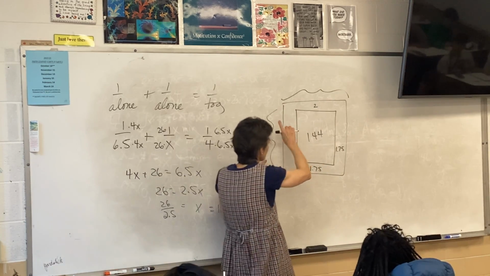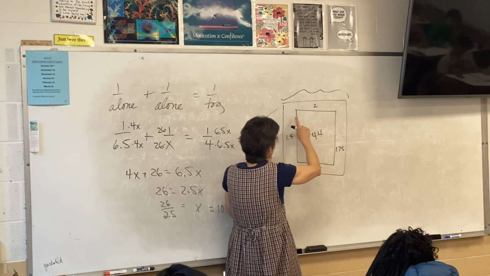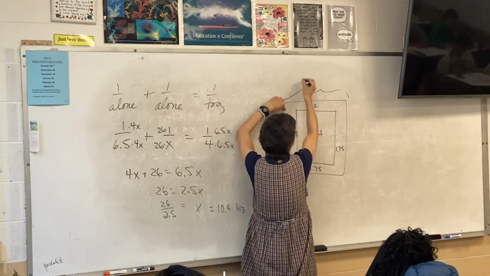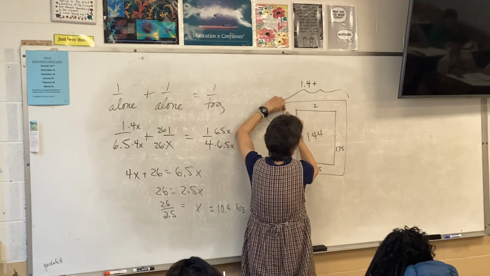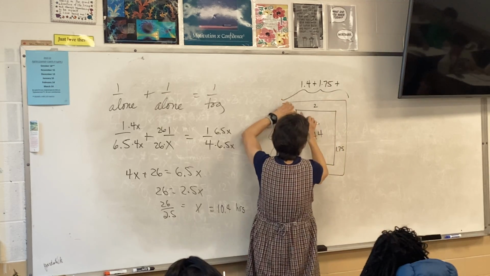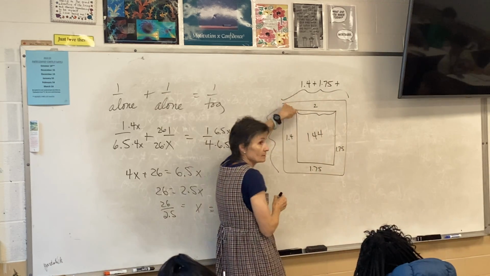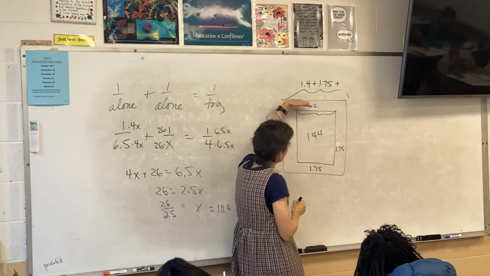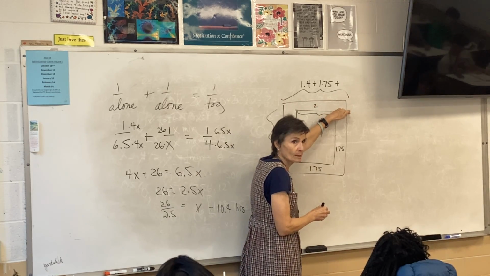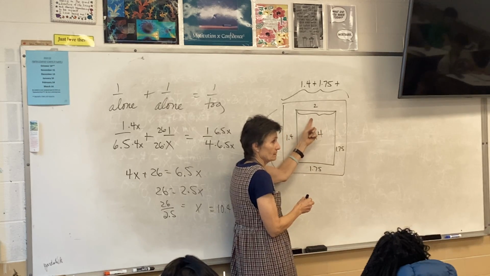So let's look at the length and the width. Now, across the top, remember, this is 1.4, and this is 1.75, and then I have this guy right here. So 1.4, that, and 1.75 is across the top. What's that? No idea.